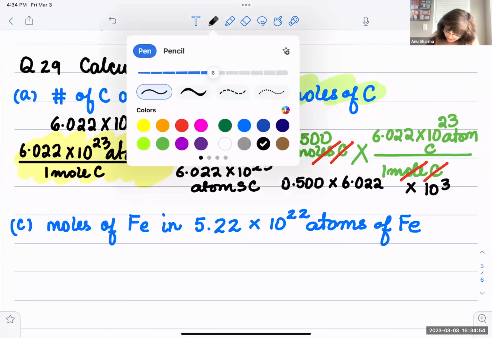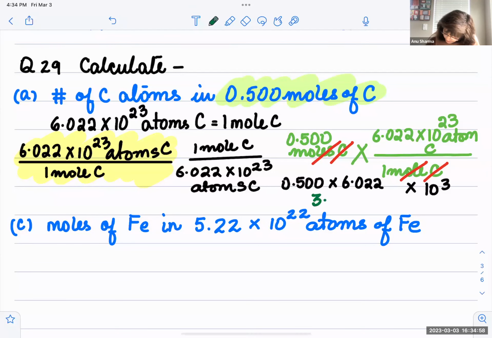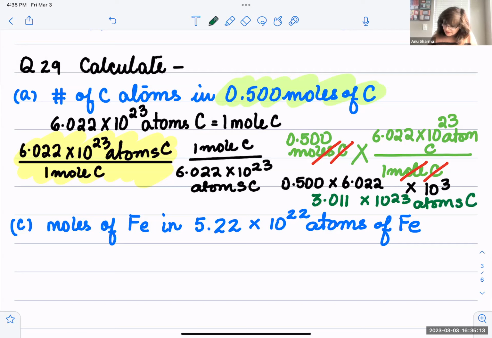So the answer here is 3.011 into 10 to the power 23 atoms of carbon. So that's how you will do it. That's the answer.